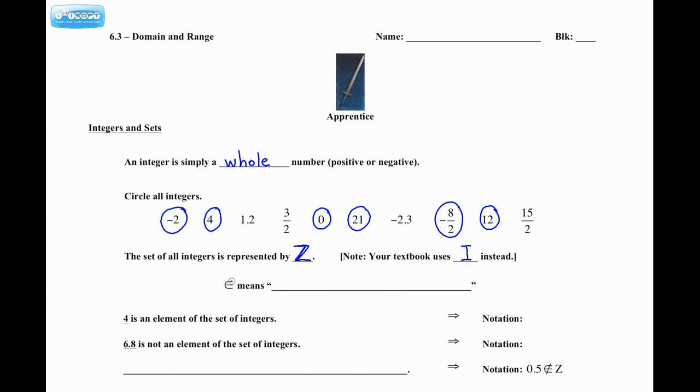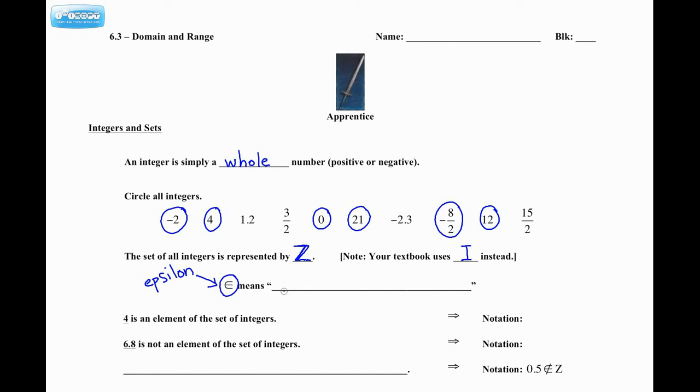You're also going to start seeing this symbol here. Now look at it carefully. It's not an E, okay? It's rounded. That is actually a letter of the Greek alphabet. The name of the letter is epsilon. Okay, but in mathematics, when you see that symbol, it actually translates into English.